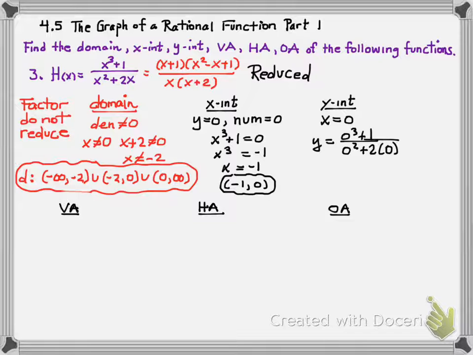When you do that, you notice you're going to have a 0 in the denominator. In other words, this is undefined, and that means in this case we have no y-intercept.